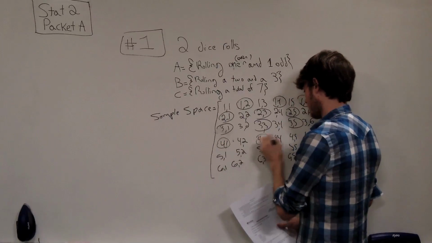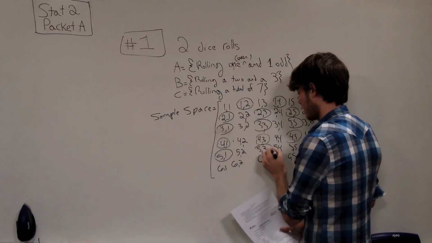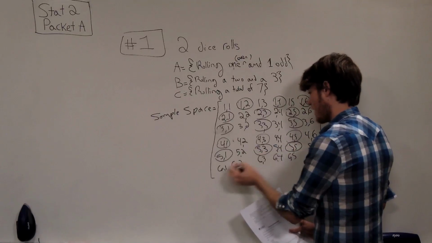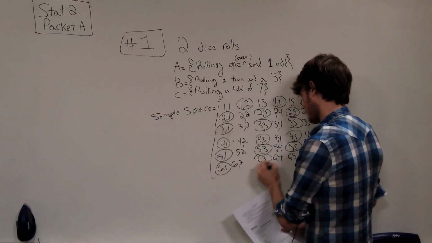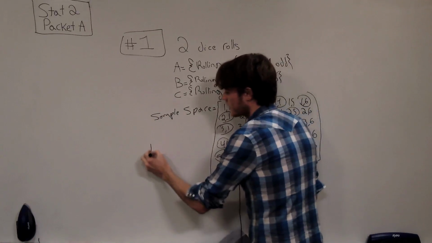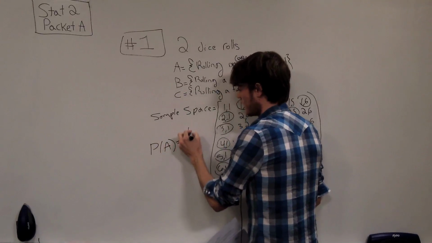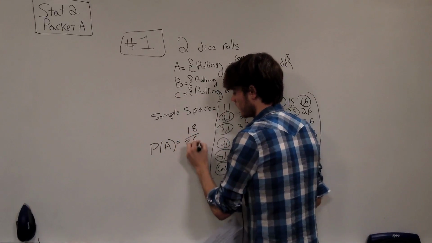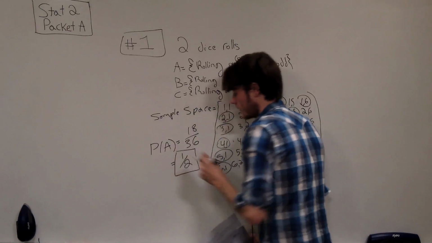This one, this one, this one, and so on. You'll notice that every other pair has an odd, even combination. So the probability of A equals 18 over 36, which equals 1/2.